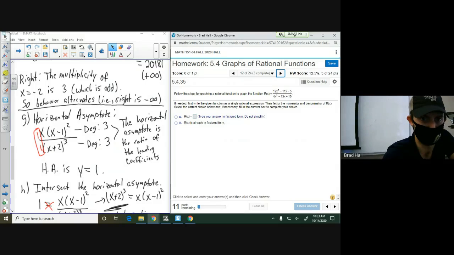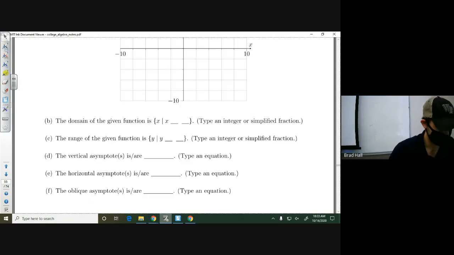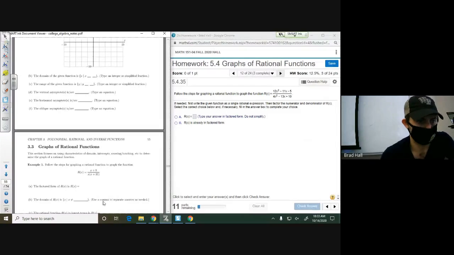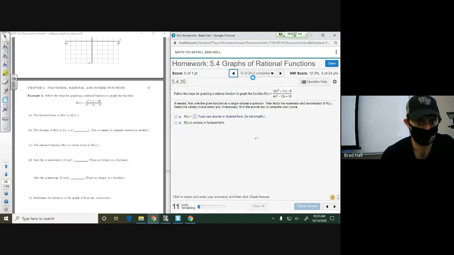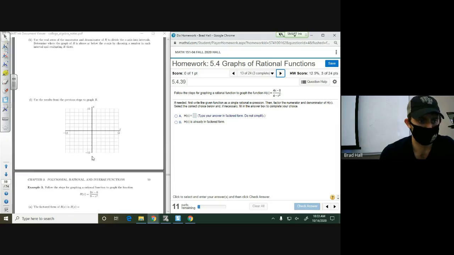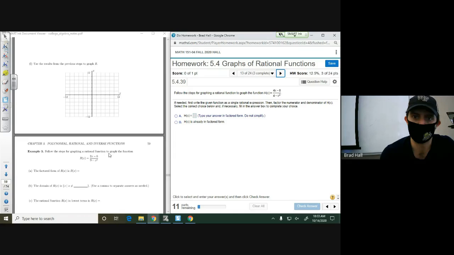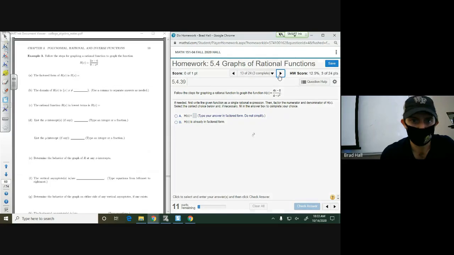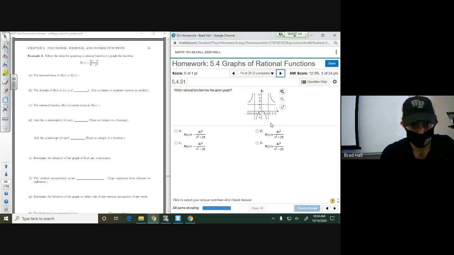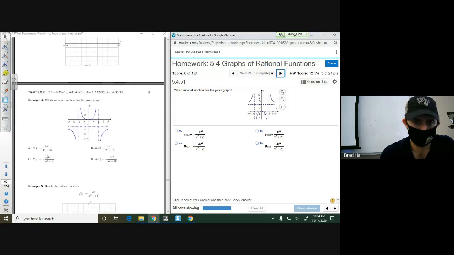I did these last two. So I did number 11 here, and number 12 should be fairly similar. I did number 13 as well in example 3. Number 14, I did one very similar in my lecture.